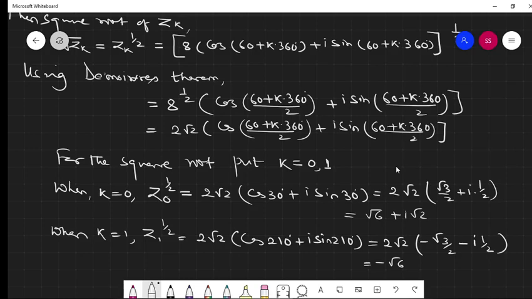Taking minus common, minus of (root 6 plus i root 2).